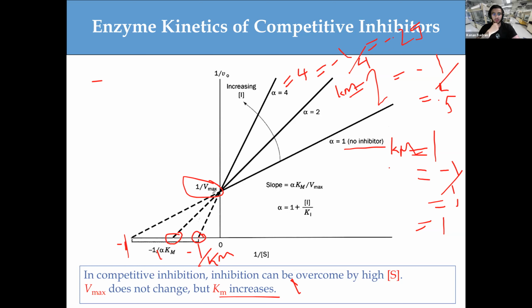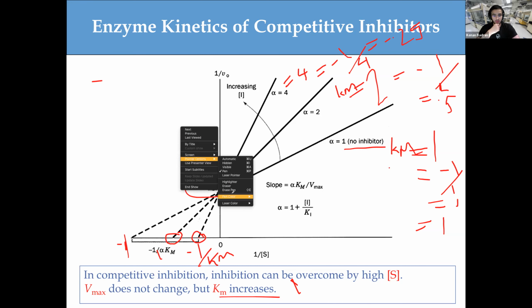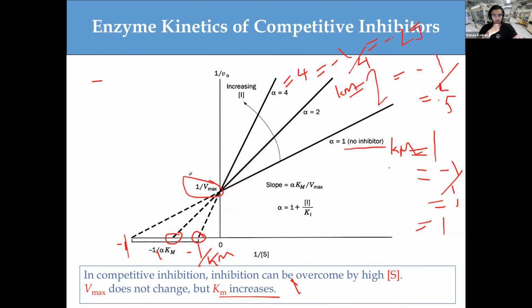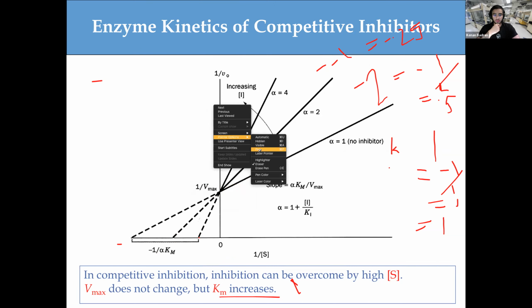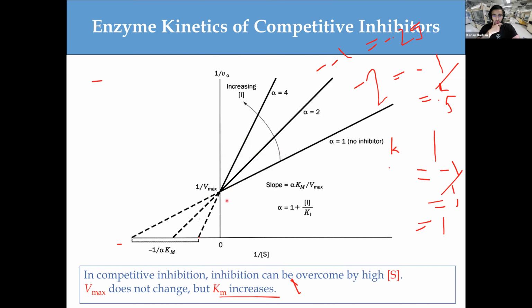And a simple way to remember: the second you see all the lines converging on the y-axis, just know directly it's a competitive inhibitor, because in the other two types of inhibition they will never cross each other.